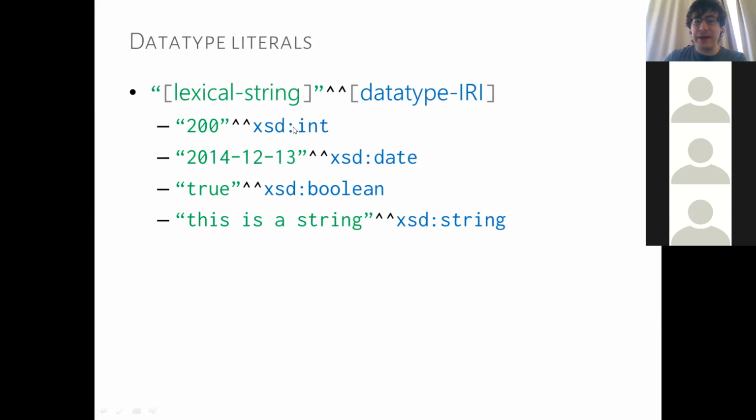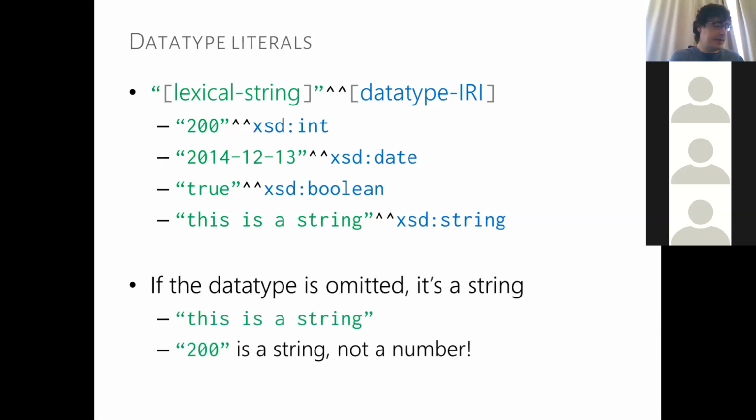Again, this will expand out into a full HTTP IRI. But we have a special namespace called XSD, XML schema data types, which we'll talk about in a second. So we have a lexical string, and then a data type IRI that indicates how that lexical string should be encoded. By default, if the data type is omitted, then it's a string.